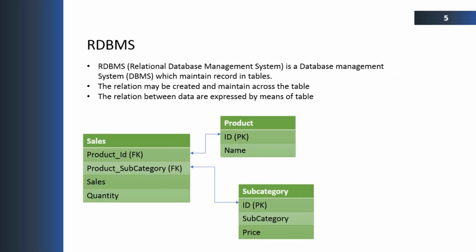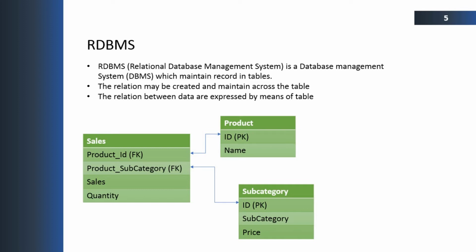RDBMS, Relational Database Management System, is a database management system in which the records are maintained in the form of tables and the relationship between the data is maintained through tables. To understand this, consider 3 tables: sales, product and subcategory.